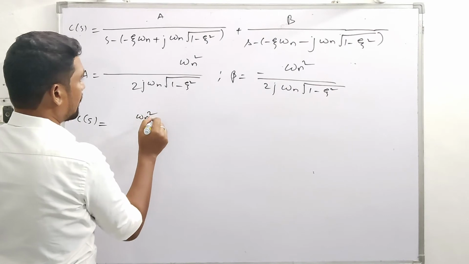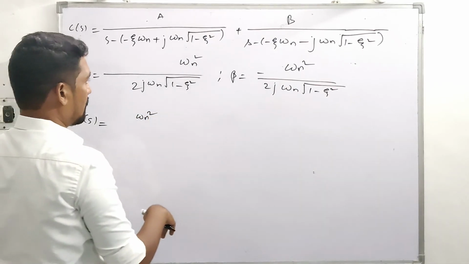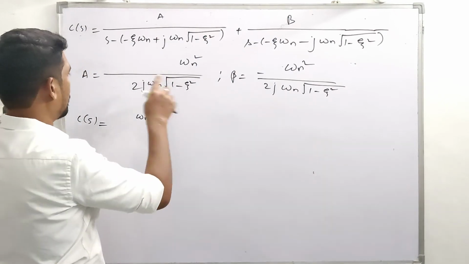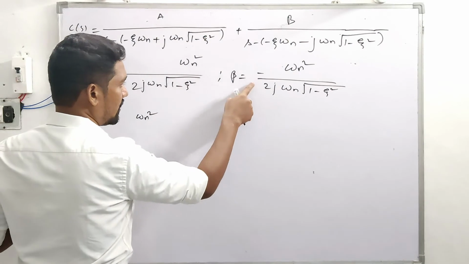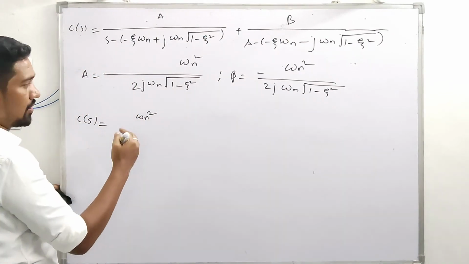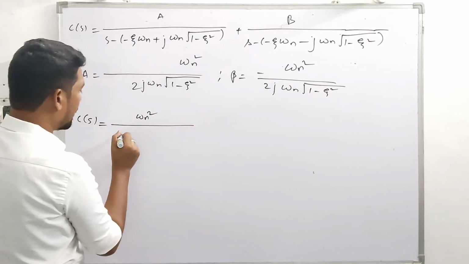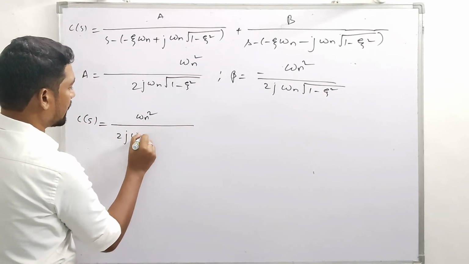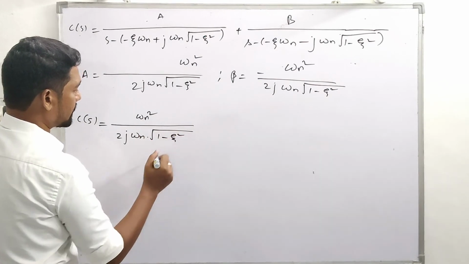C of s will be equal to a, in the place of a we have this one. Omega n square, and taking out as common, let me reduce the number of steps, let's save time. So a and b as common, only the negative exists, so I'm taking it out, by 2j into omega n into under root 1 minus zeta square, isn't it?